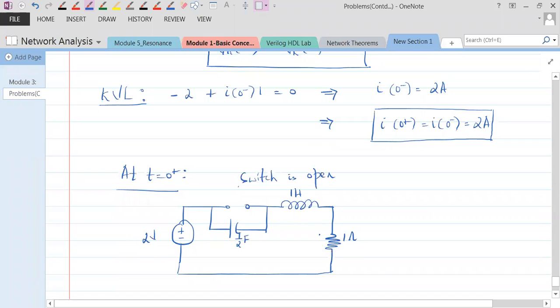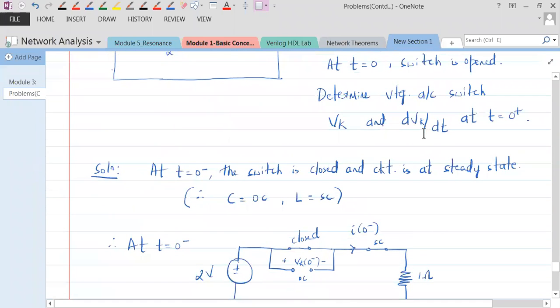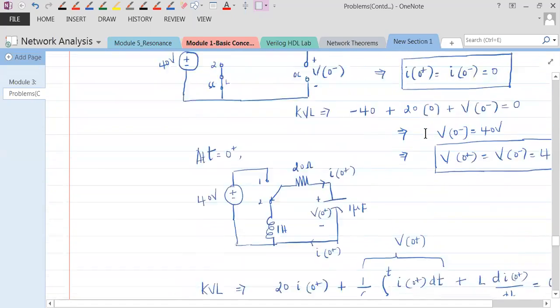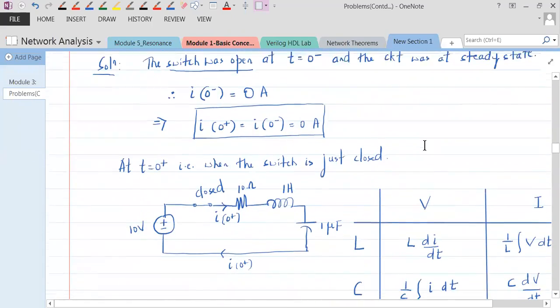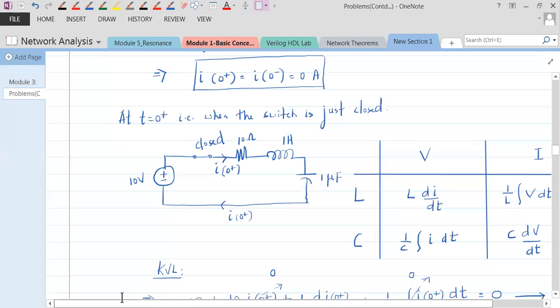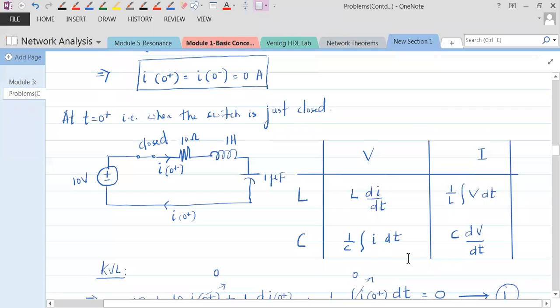What we need is the first order differential of the voltage, and to find it, let's go to the table that we had seen here. Everybody see this table. Where can I find out the differential of a voltage?